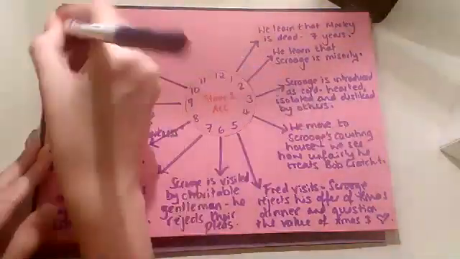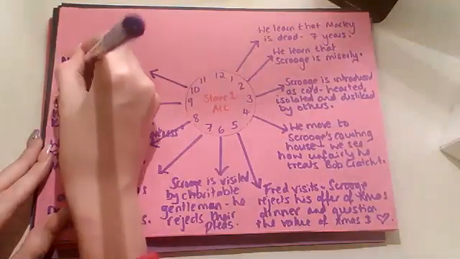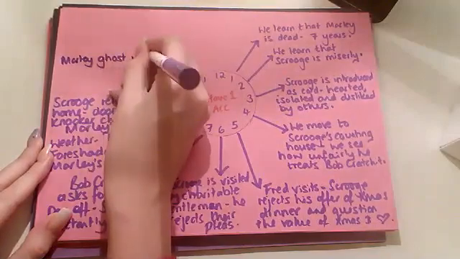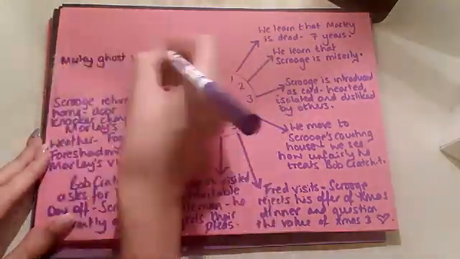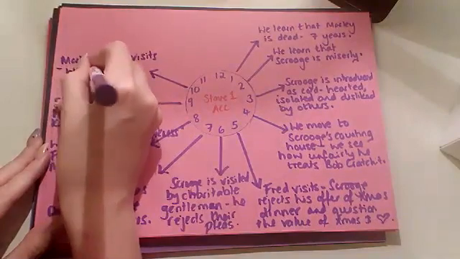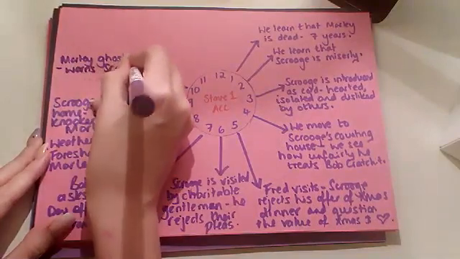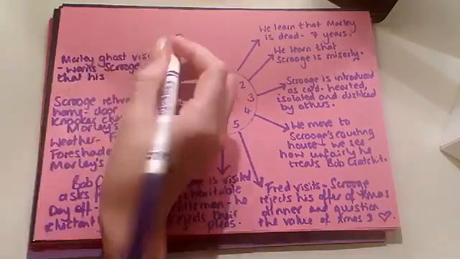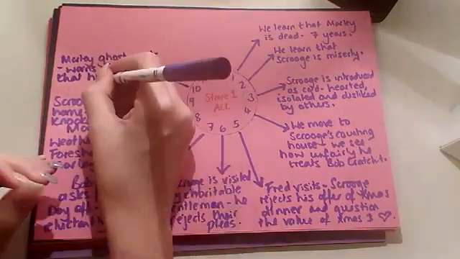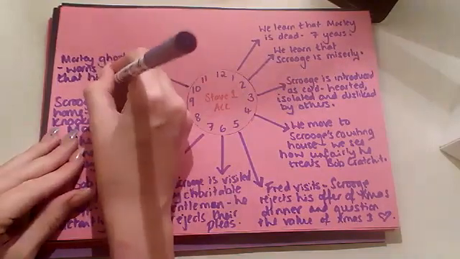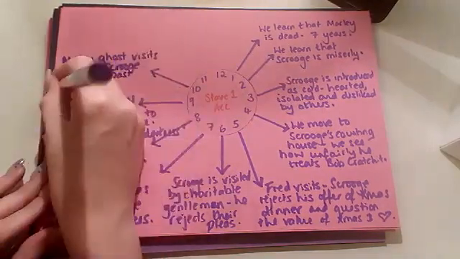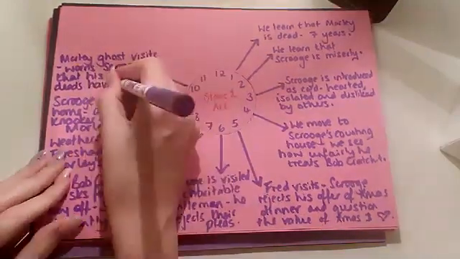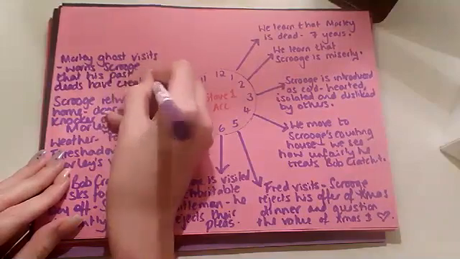Okay, point number 10. This is where Marley's ghost appears. He warns Scrooge that his past deeds have created a ponderous chain.